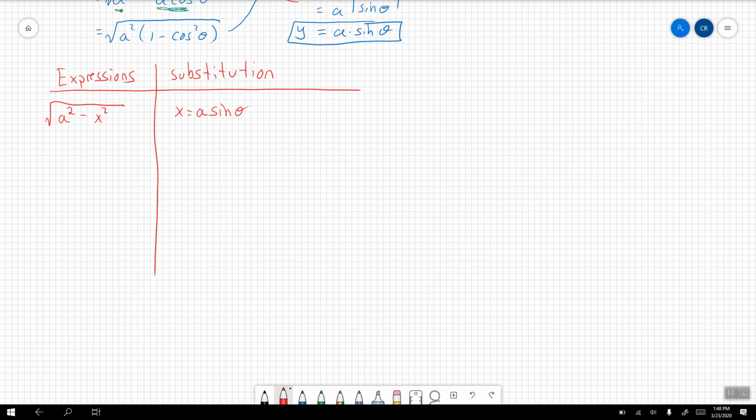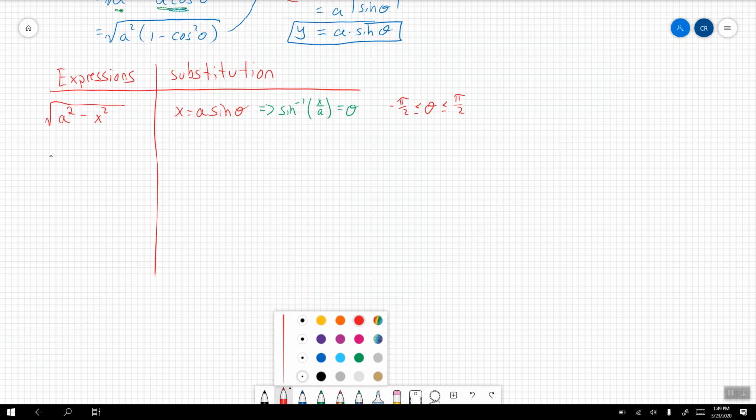If you remember from trig, this tells us that sine inverse of x over a is equal to theta, which will allow us to find these theta values. But remembering trig, sine inverse is bounded between negative pi halves and pi halves, so we must always abide by these restrictions when we make these substitutions.